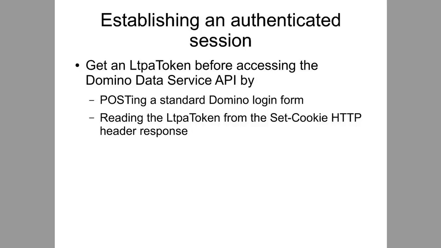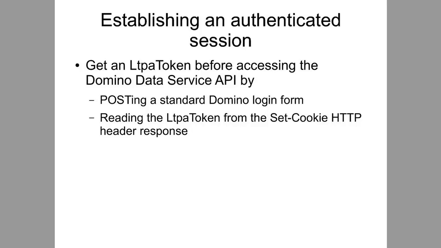So if the database is protected, so the anonymous user is not allowed to see what's inside, we need to get an LTPA token, because that's the session cookie that tells the Domino server, this is Jens that wants to read your data. So how do we do that?